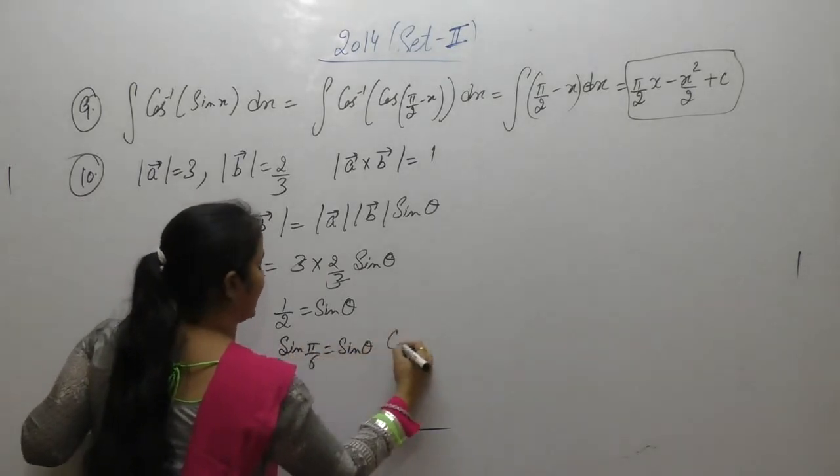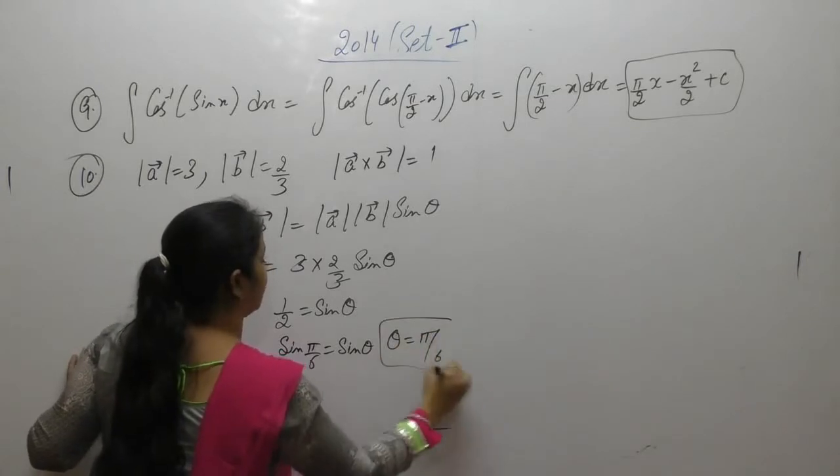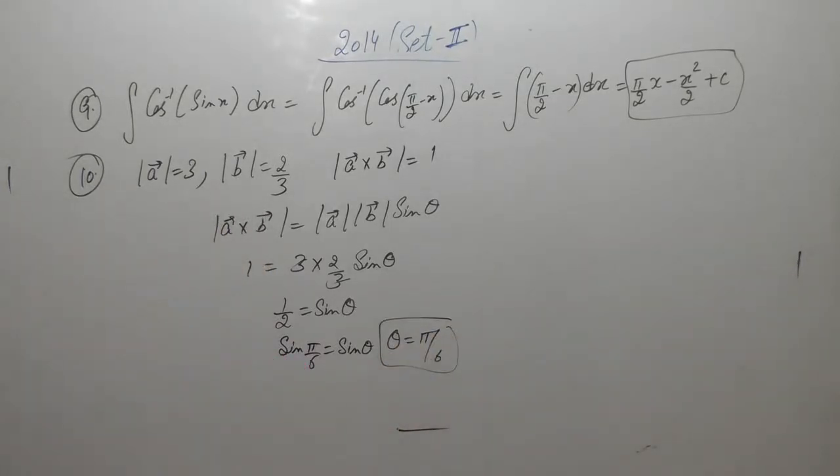So we get theta as pi by 6. Note up to here.